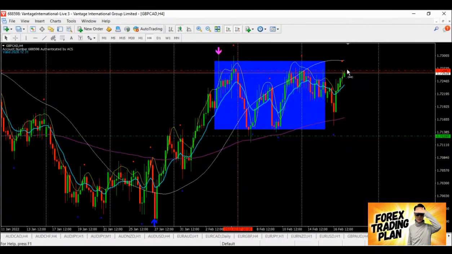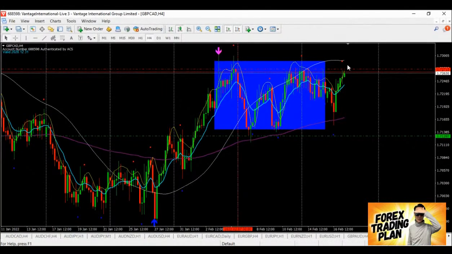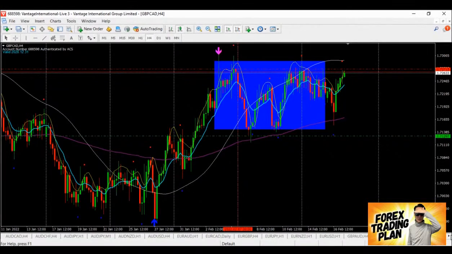It's not there, sorry, it should be here. So it's already very near. So buyers, you might as well wait for it to break the resistance, come back, retest the resistance to form a support, then you buy. That will be a better way for buyers. Okay, Pound CAD, so that will be for buying. So no for selling.